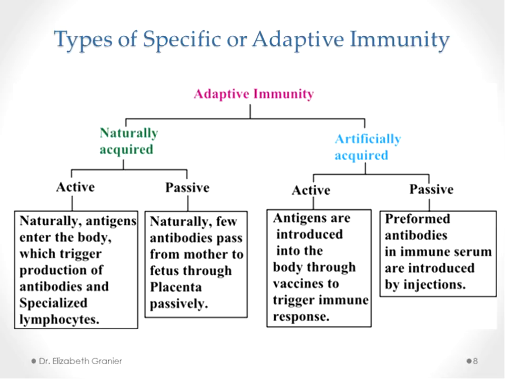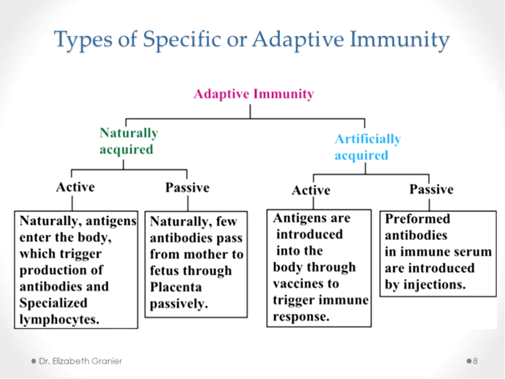All right. So again, other times you'll see specific immunity is also called adaptive immunity. And adaptive immunity, making ourselves make antibodies, make ourselves have memory cells towards a specific pathogen, can be acquired through two mechanisms.